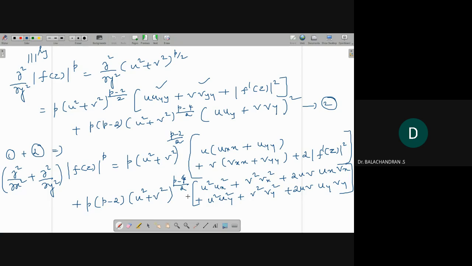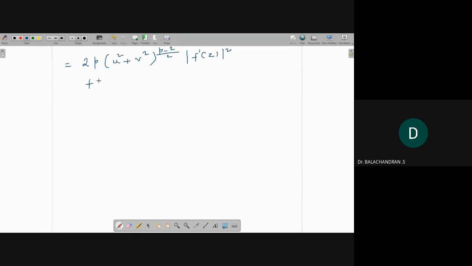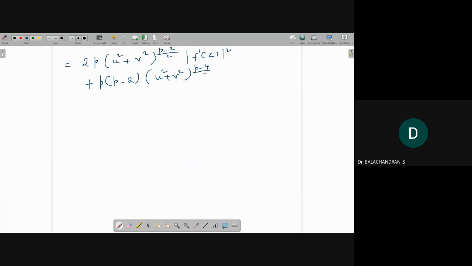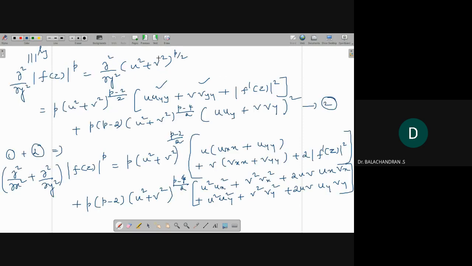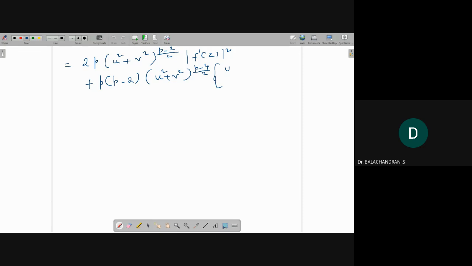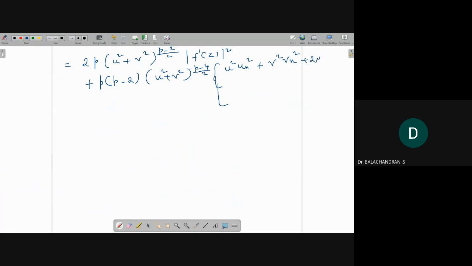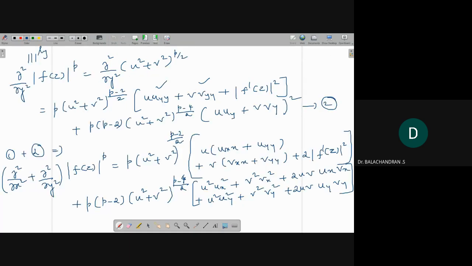So this portion plus p(p−2)(u² + v²)^((p−4)/2) into u² ux² + v² vx² + 2uv ux vx.